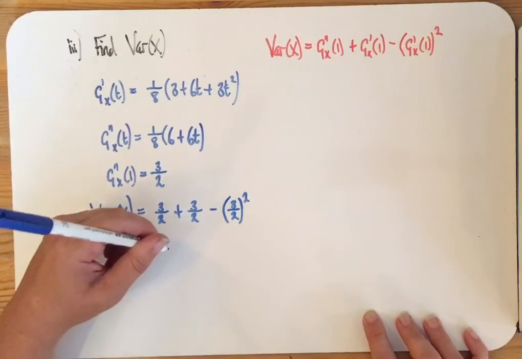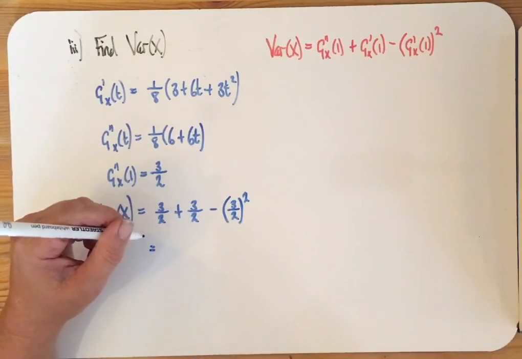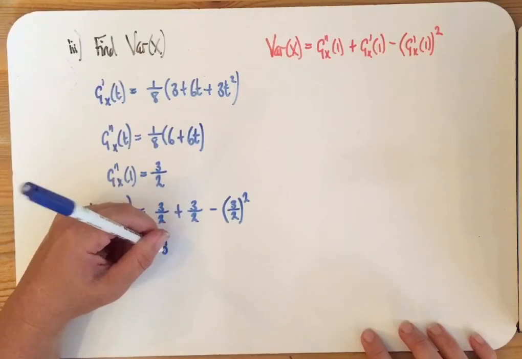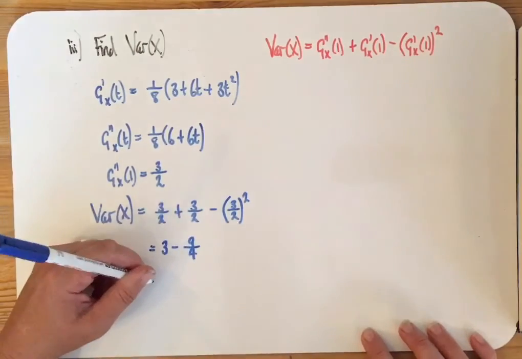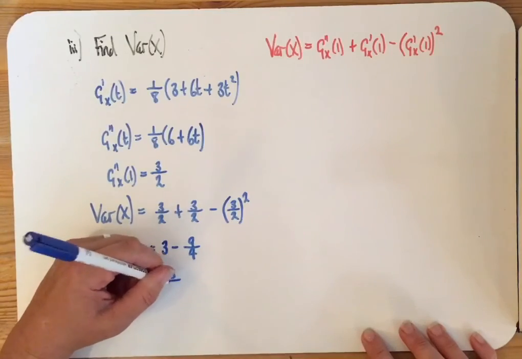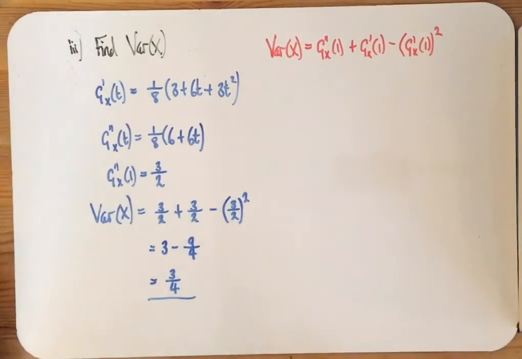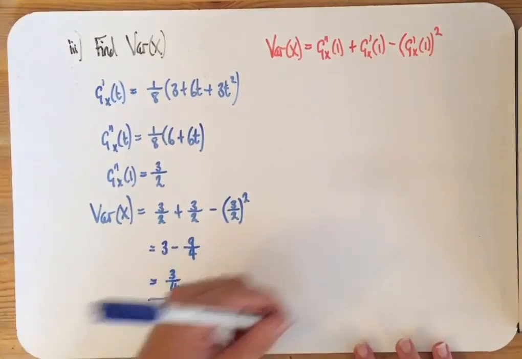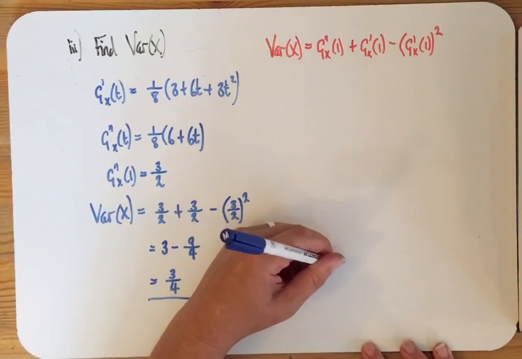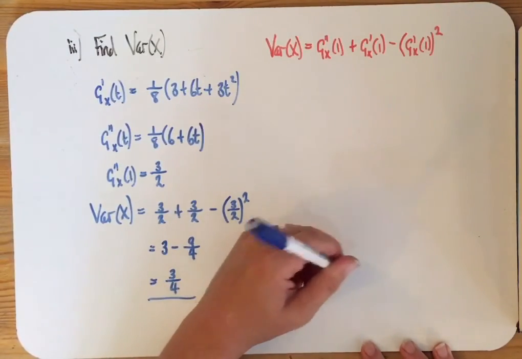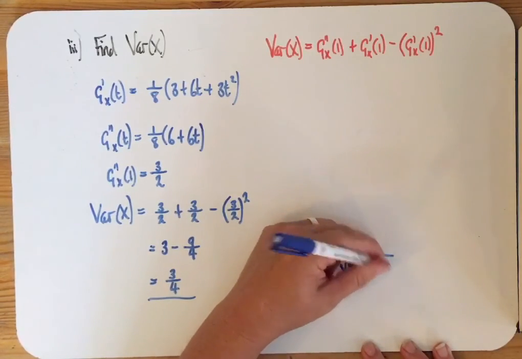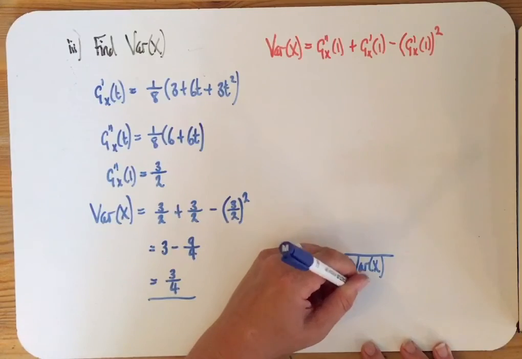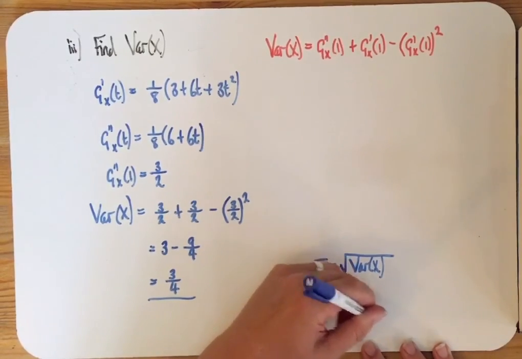So I get 3 over 2 plus 3 over 2, 6 over 2, which is 3, minus 9 over 4, which gives me 3/4. And then if you want the standard deviation, you can square root the variance, just to remind you. And so the standard deviation for this one would be √3 over 2.